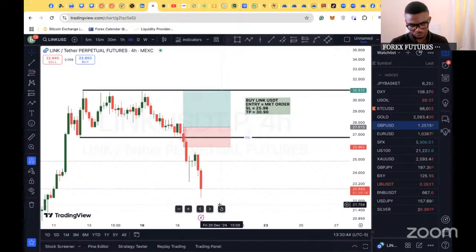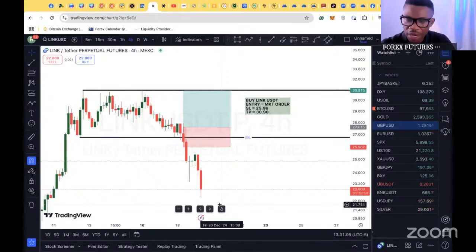But before I close it, I'm sharing the position in the group so that all of you can see the trade I took. Link USDT 5x. I'm closing that trade right now in a profit of 38%. Correct. Trade close. All right.